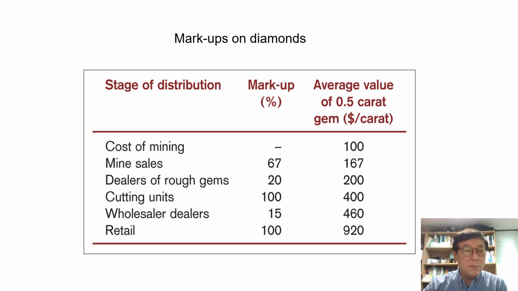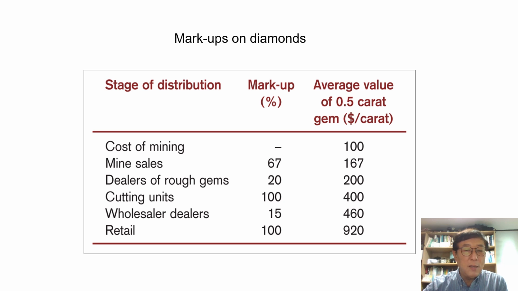Cutting units are cutting diamonds. They buy at $200, and then after cutting, they have a 100% markup. 100% of this is 200. So they are selling at 400. They buy at 200 and sell at 400. And wholesale dealers buy at $400 and then a 15% markup. 15% of this is $60.